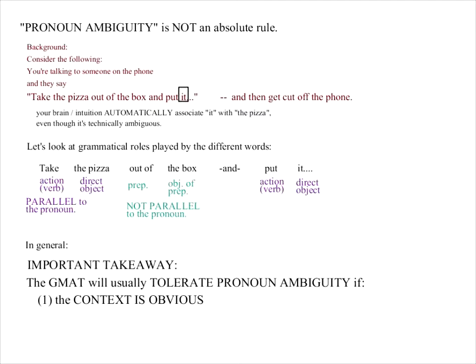We'll get to that in a second. Number two is the pronoun is parallel to the intended noun. And then number three, the pronoun is not parallel to the other nouns.